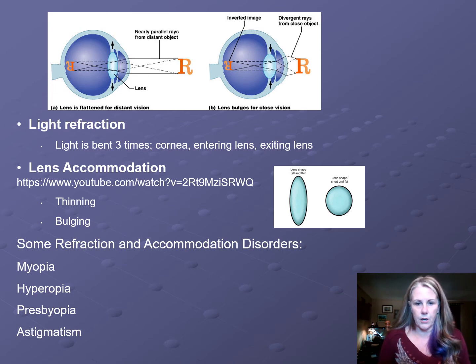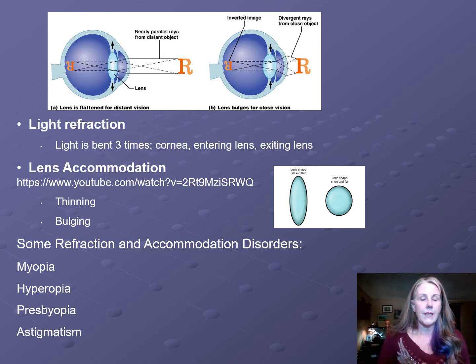And this occurs because of unequal curvatures of the cornea. Now, technically, if you look up astigmatism in a textbook, it just means unequal curvatures of anything that the light has to go through. And I told you the light had to go through two major structures. It has to go through the cornea and also the lens.